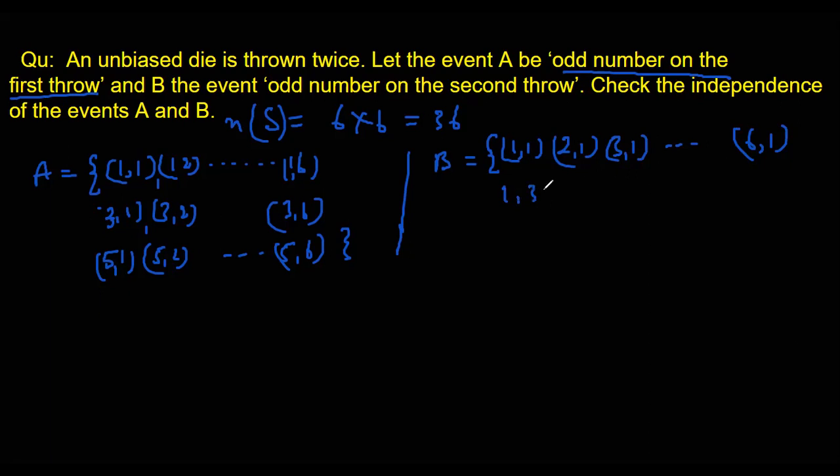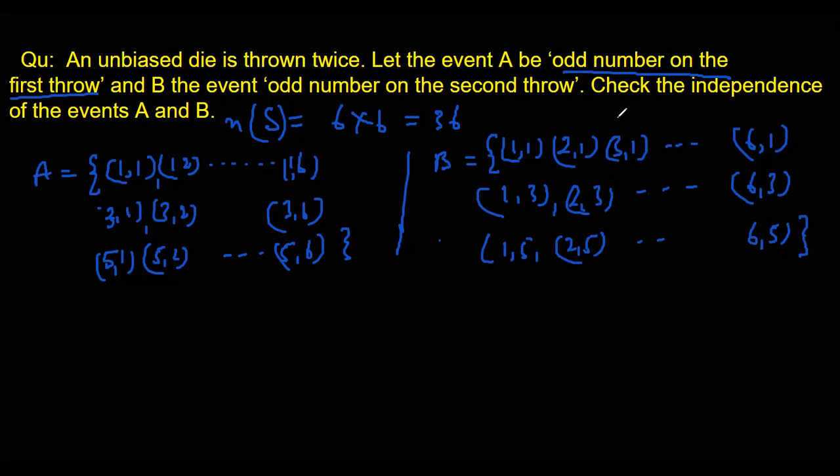So that is 1 3, 2 3, and so on, and it goes up to 6 3. And the third odd number on the second can be 5: 1 5, 2 5, and it goes up to 6 5. Okay, that's how the odd number can come on the second roll. So this will be event B.